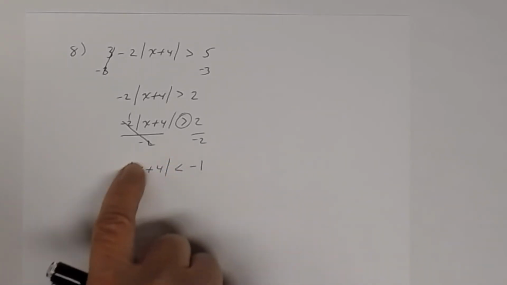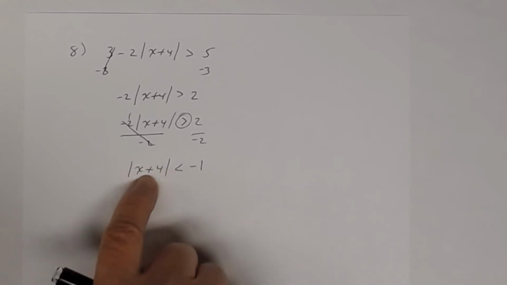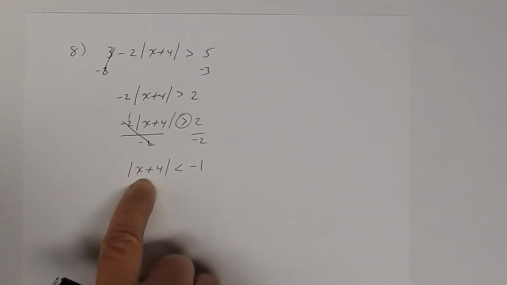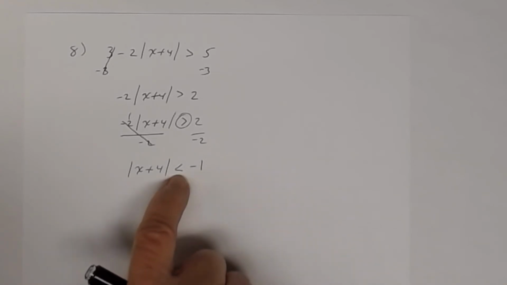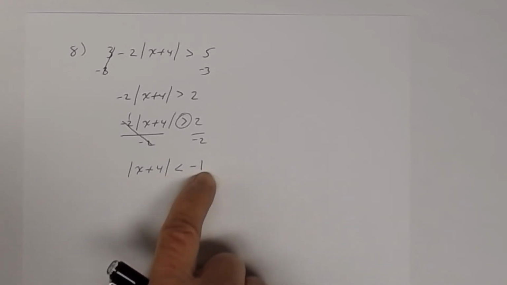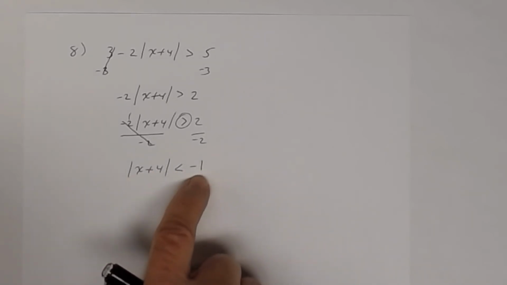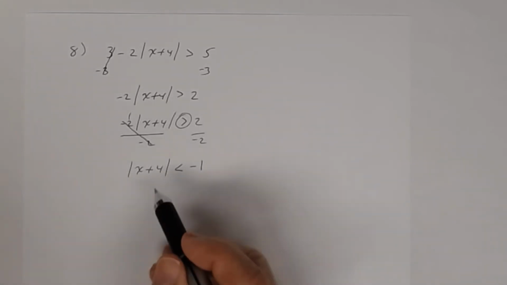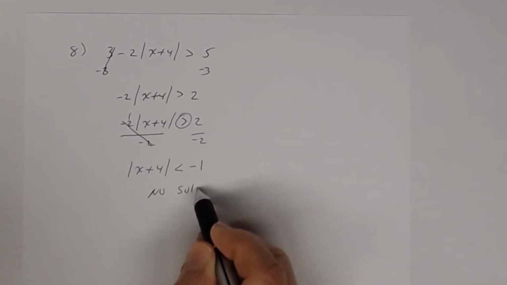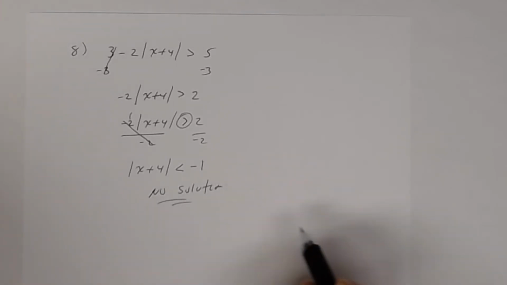Remember, the absolute value of whatever that number is here is going to be 0 or positive. It's never going to be less than a negative number, correct? So a positive number is never less than a negative number. So right now you can say this is no solution, okay?